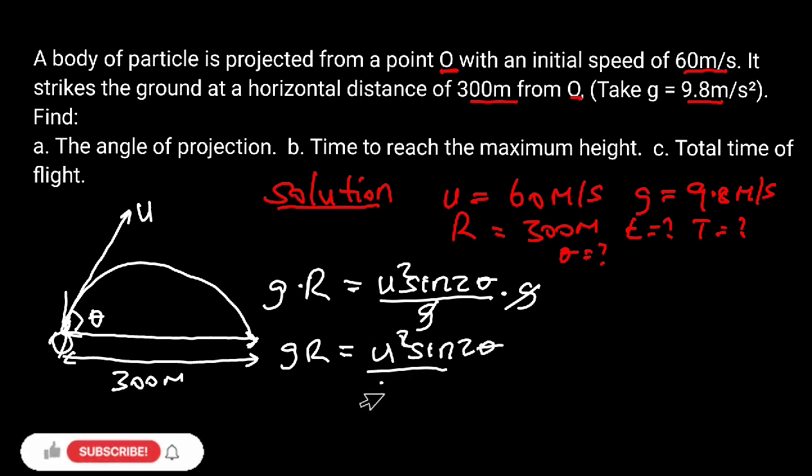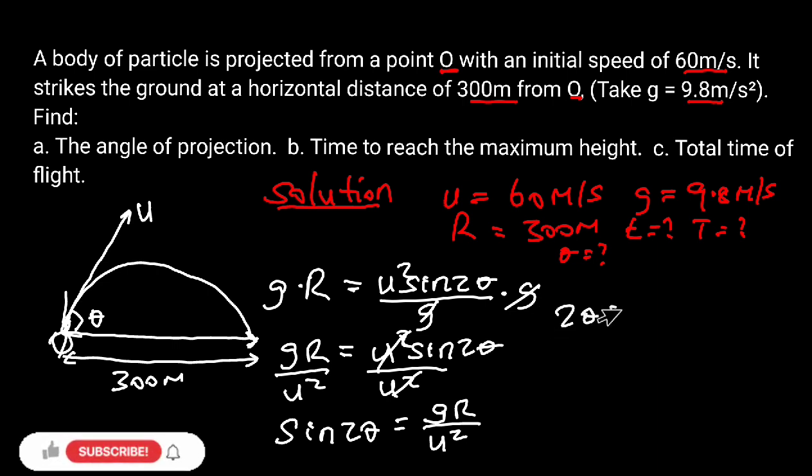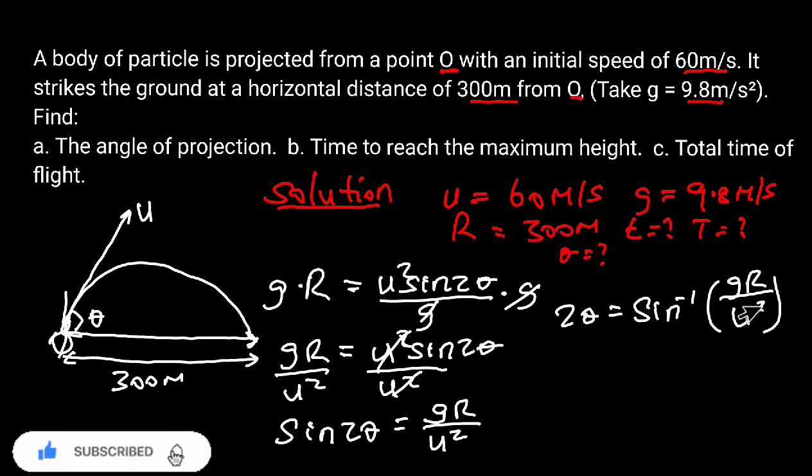Divide both sides by u squared: sine 2 theta equals gr divided by u squared. So 2 theta equals sine inverse of gr divided by u squared.